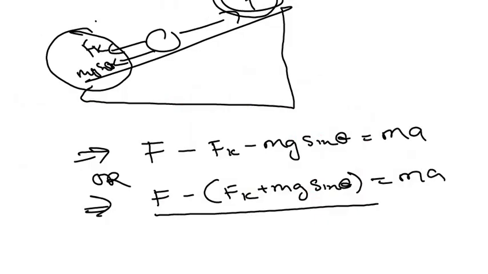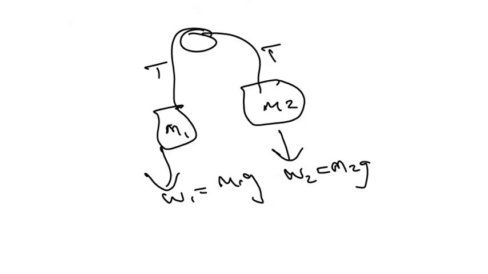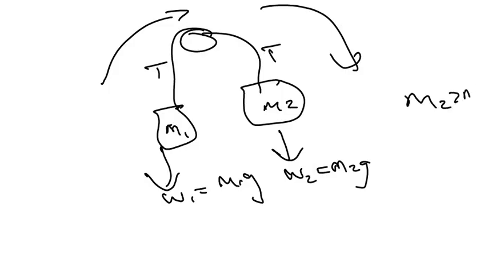Here, in this type of application where you're dealing with a pulley system, you always consider the one that has more mass to be the one that determines the direction. If M2 is heavier than M1, the whole thing will move like this.